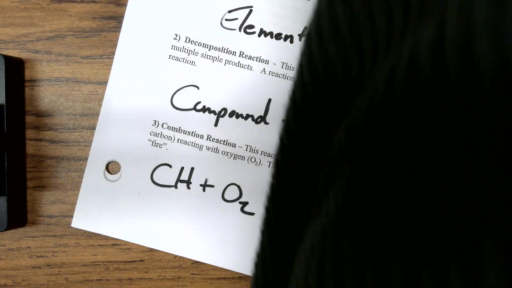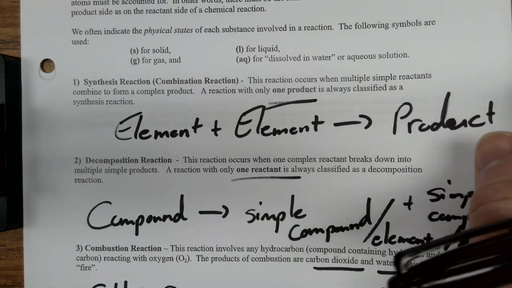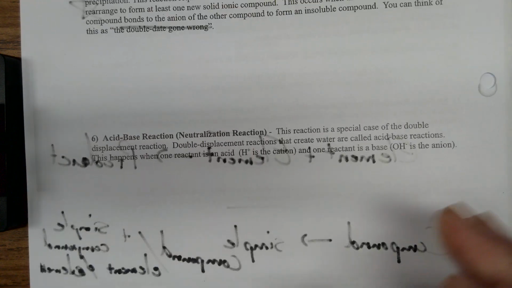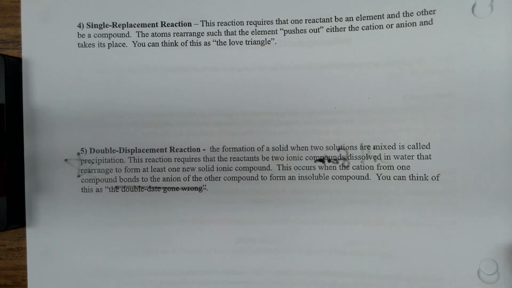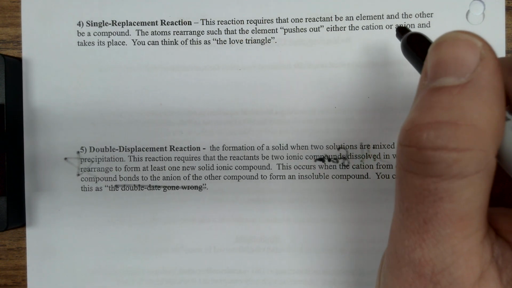All right. Well, here things are going to get just a little more complicated. The most complicated items are on the backside. So now we're getting into our replacement reactions.